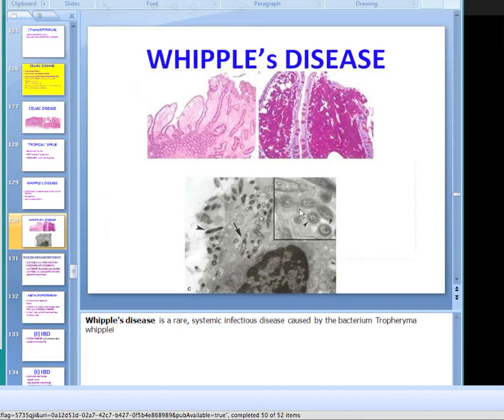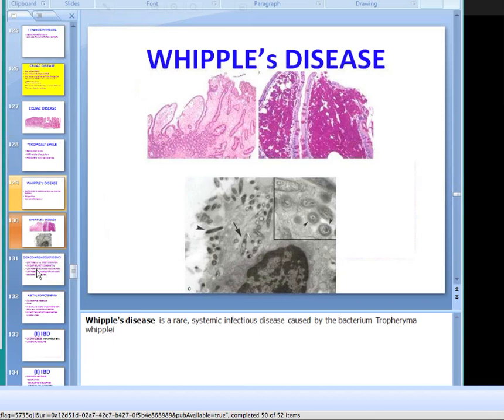You then go from a white foamy pattern to bright red. And if you do electron microscopy, you see this little rod-shaped bacteria, and their last name is Whipplei, and their first name is Tropheryma. So it's better to remember it by the last name rather than the first name, because Tropheryma whipplei causes Whipple's disease.